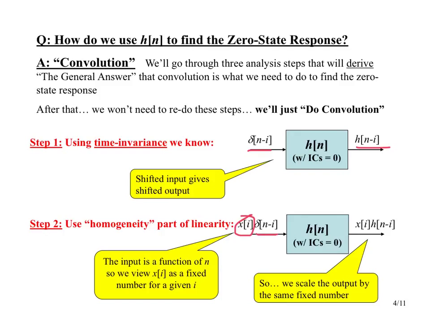So the delta of n minus i is a function of n shifted by the single number i. And so the thing that comes out will be the impulse response shifted by i and multiplied by the same number that the input was multiplied by. So again, it's important to remember that x of i here is just a single fixed number.